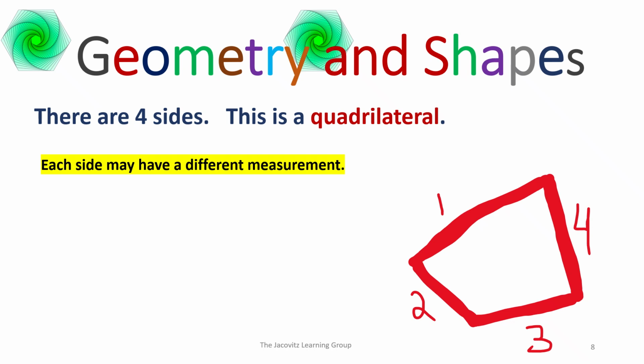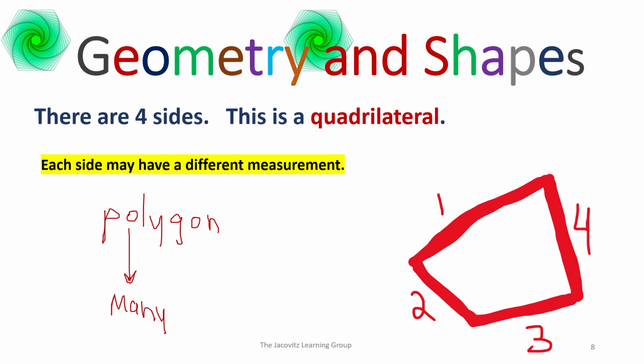So people say, oh, that's a polygon. That's right. Polygon means many. Many sides. It's your Greek etymology, many. And gon isn't really sides.